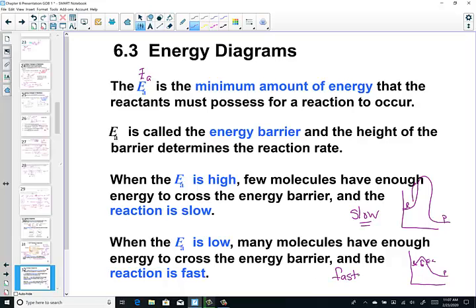So the kinetics of a reaction, kinetics meaning the rate of a reaction, really is emphasized by the size of the activation energy barrier. The higher the activation energy is, the slower the reaction proceeds. The smaller the energy barrier, the faster the reaction can proceed. So activation energy is directly correlated to the reaction rate.